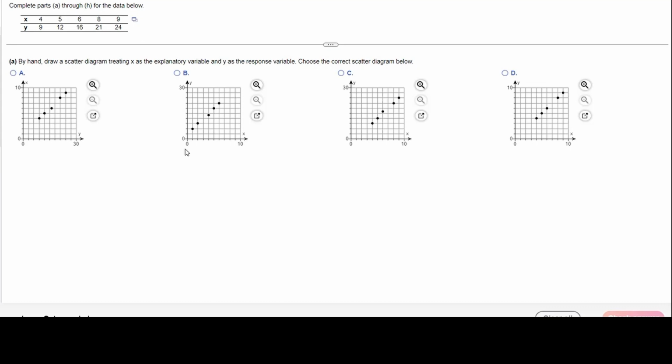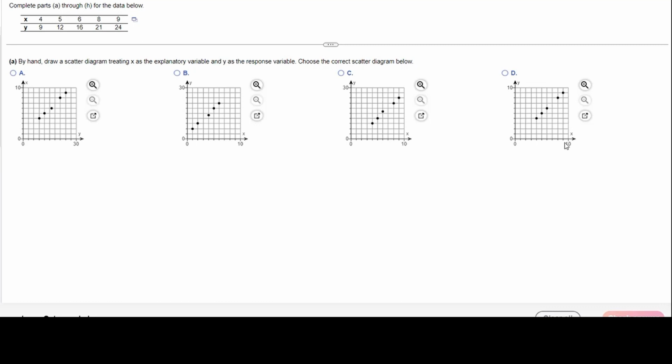And here, the spacing is by 1s. So that point would have an x coordinate of 1. That can't be right. The next two choices also have spacing by 1s.